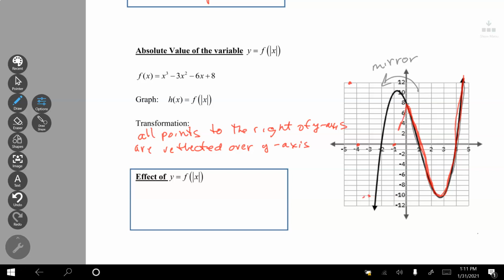So it's going to be something like this. And you get this weird looking shape, looks like a W, but the right half of the graph is just copied over. So all the input x values become non-negative. I really only use the positive x values and I copy them over.